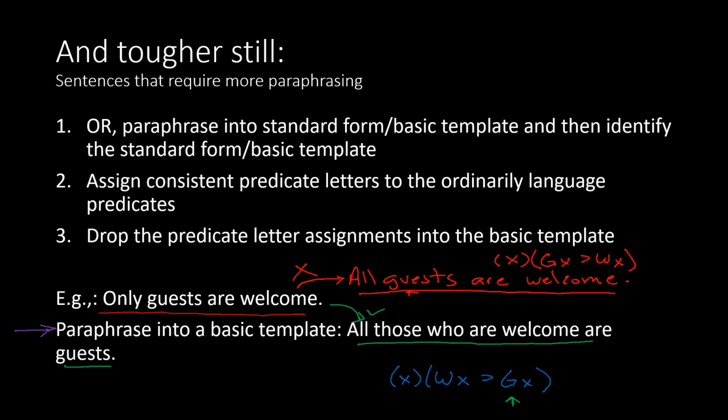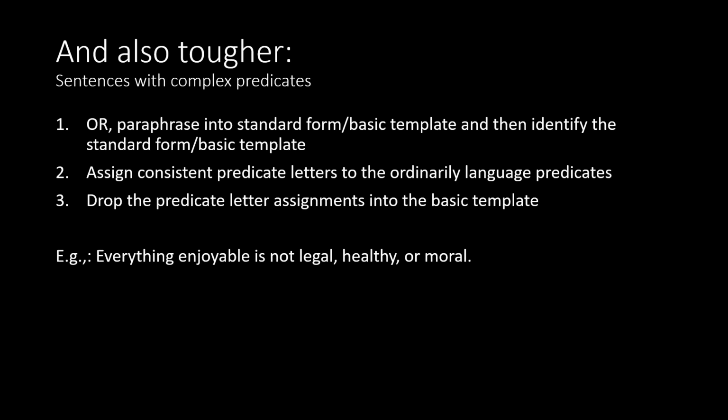Well, in predicate logic, the only or exclusive clause will also be in the consequent position. It is tricky because in ordinary English, the only clause can appear anywhere in the sentence. So it's going to be up to your reading comprehension to pick out which clause is being picked out as that exclusive clause. So now this is a tougher translation, not so much because the template system doesn't work, but again, because we have to watch our step on the paraphrase.